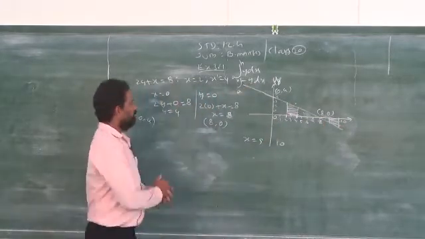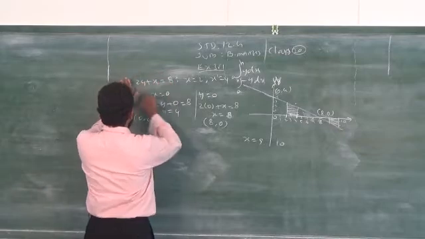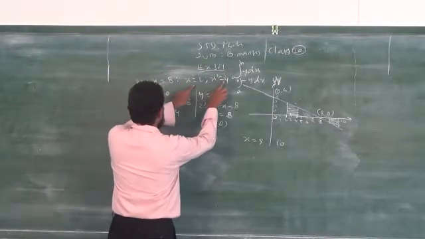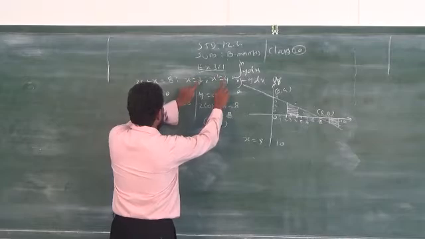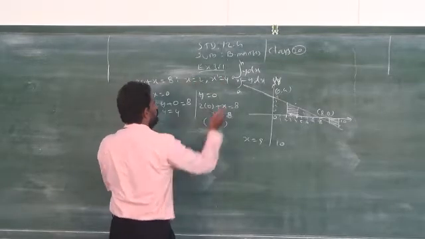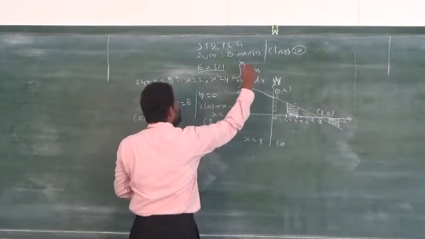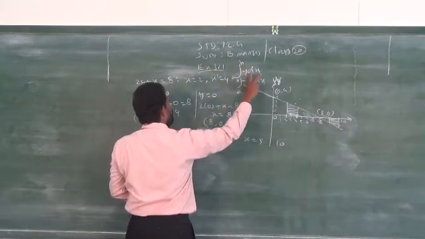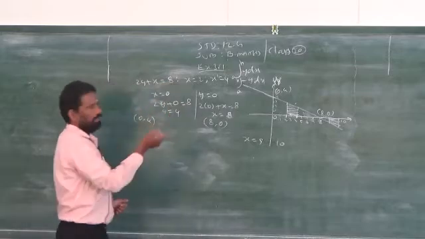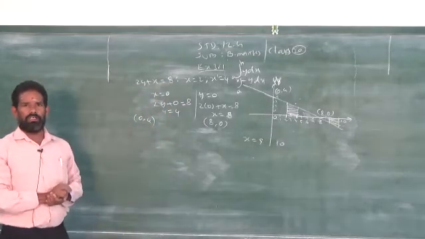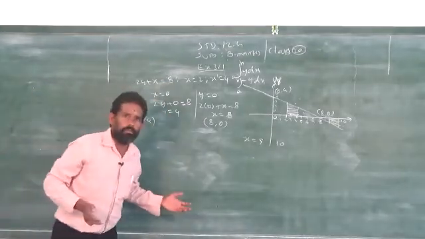That's why they always mention the limits with the straight line or curve. This is very important. If you change the limits, automatically the formula also changes. The formula totally depends on the limits of the given straight line or curve. That we have to understand properly. Are you clear now? Any doubt?